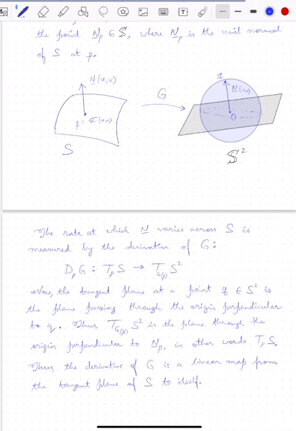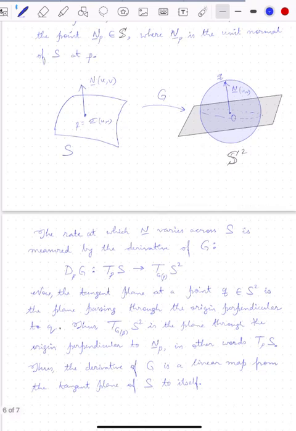So when we measure the rate at which n varies across S, the derivative of n will of course lie in the tangent plane of S at P. And so we are looking at its derivative in the S2 surface, and it will map onto the tangent plane itself, right?